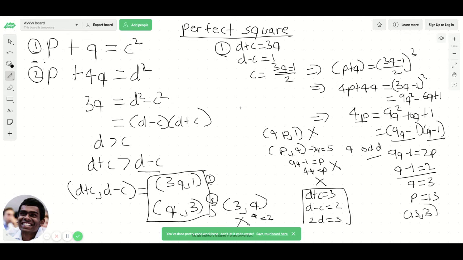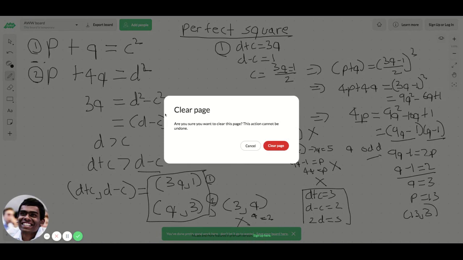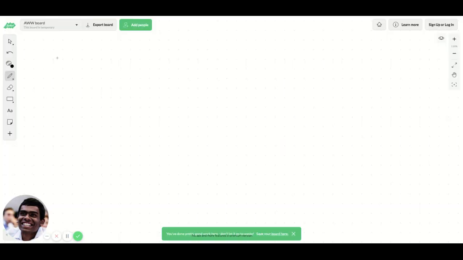So I'm just going to clear the page, but remember that in our other solution, what we had was D plus C is Q and D minus C is 3. So once we clear the page, we get that D plus C is equal to Q, and D minus C is equal to 3. So again, we get that C equals (Q minus 3) over 2.